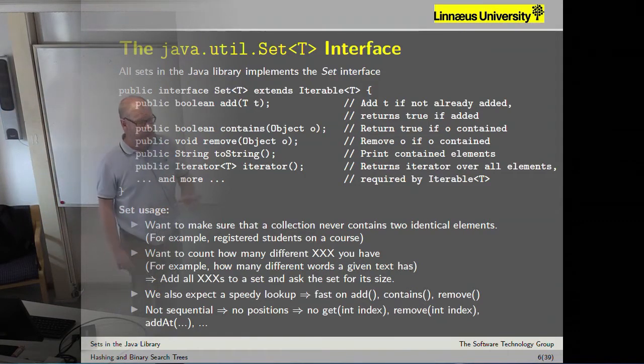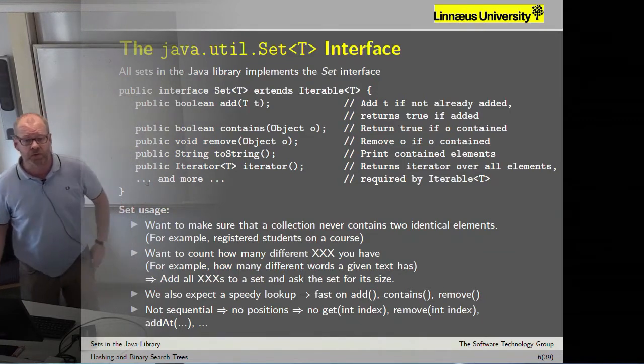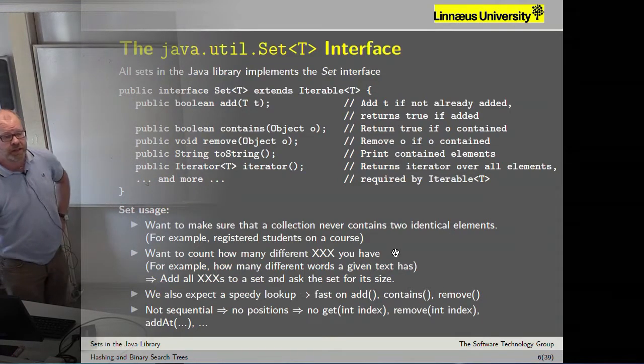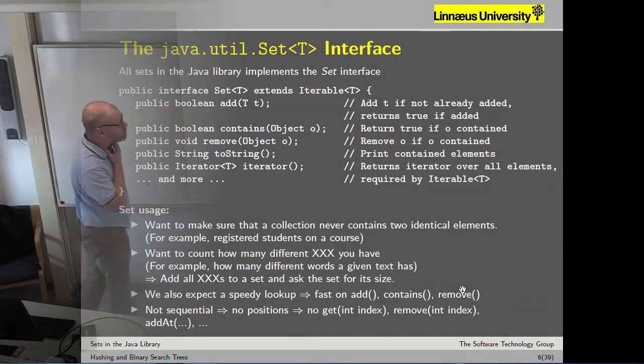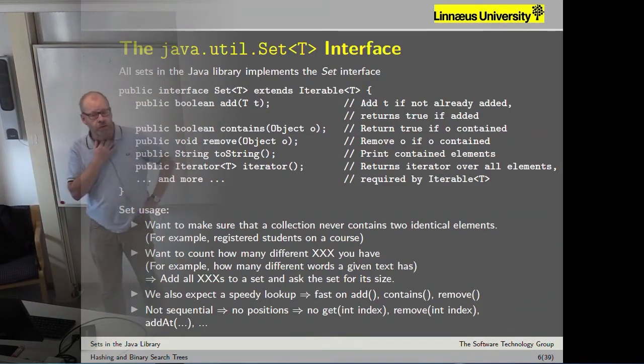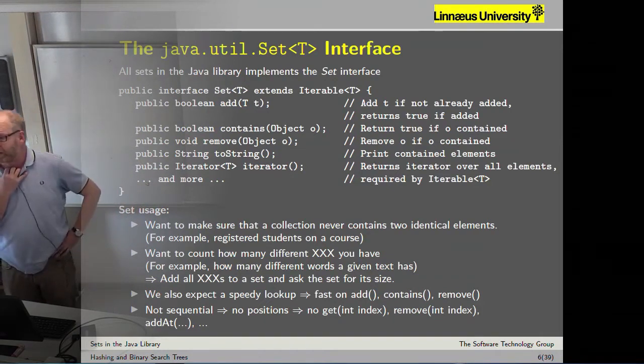If I try to add the same word two times, it will be ignored. So it will count the number of different words in a text just by adding them to a data structure. We also expect speedy lookup. By lookup, I mean add, contains, and remove. You will see that we can do it much faster in a set than in a list, for example. What is the time complexity of these three operations on a list?